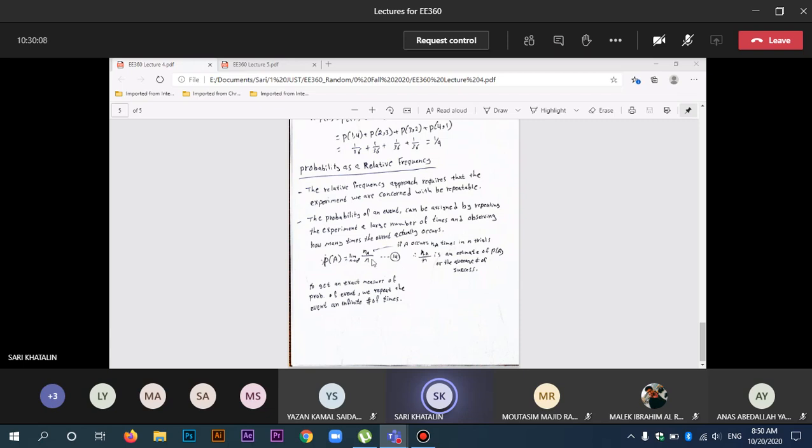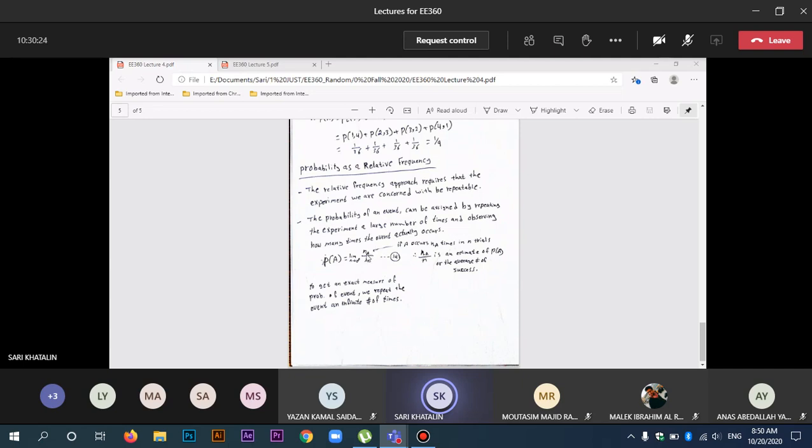As it shows here, we have equation 14. That's basically the average of success. n is the number of times you do the trial, for example flipping a coin or doing a specific experiment.